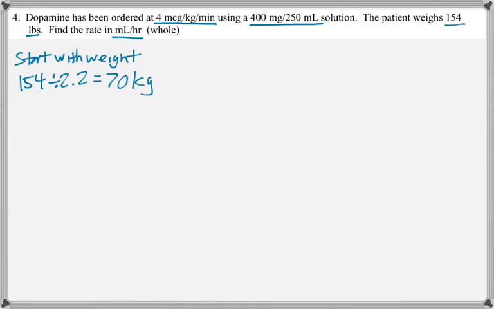Next I need to set up a proportion with the rate that has a per kilogram, and that's right here. So I'm matching my kilograms. And then I want to solve this proportion.